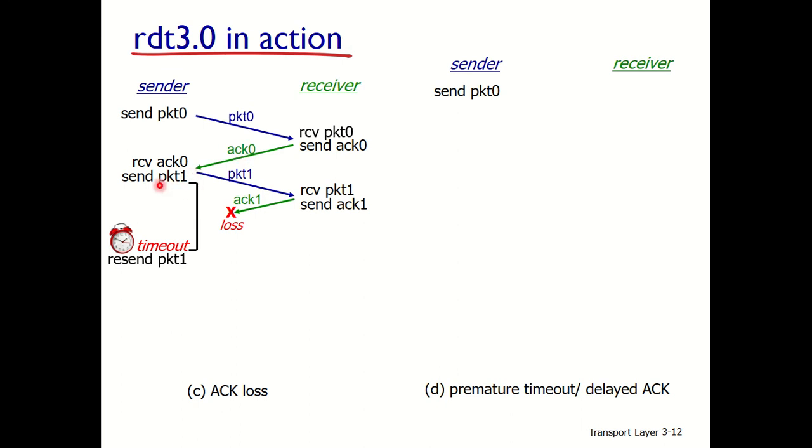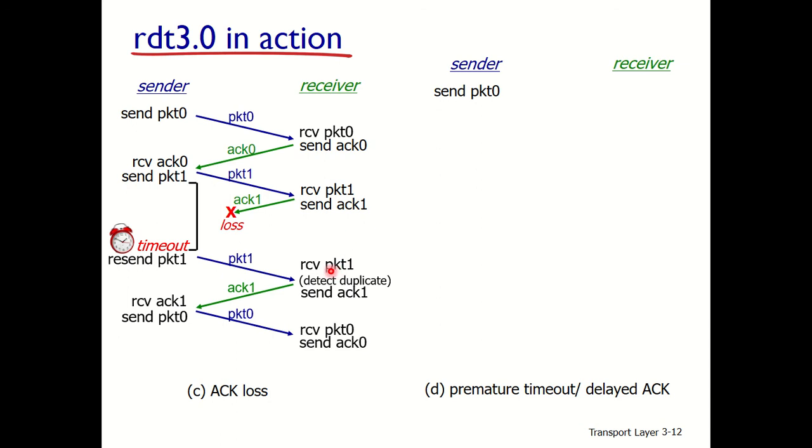Now the sender sends the second packet number 1, it is also received correctly and the receiver sends acknowledgement number 1, but this acknowledgement is lost, so the sender will not receive it, so the timeout will expire. When the timeout expires, the sender will resend packet number 1.